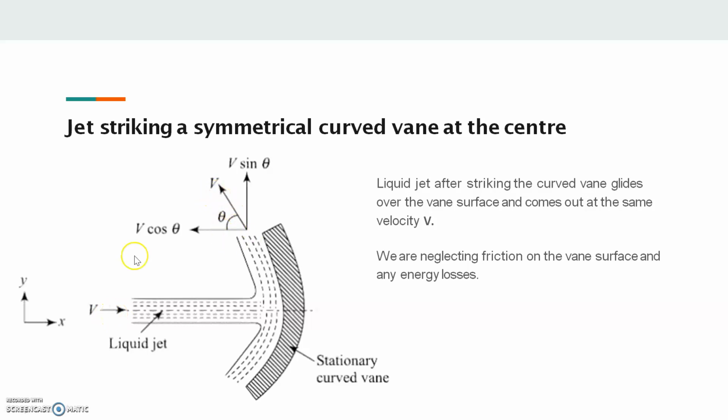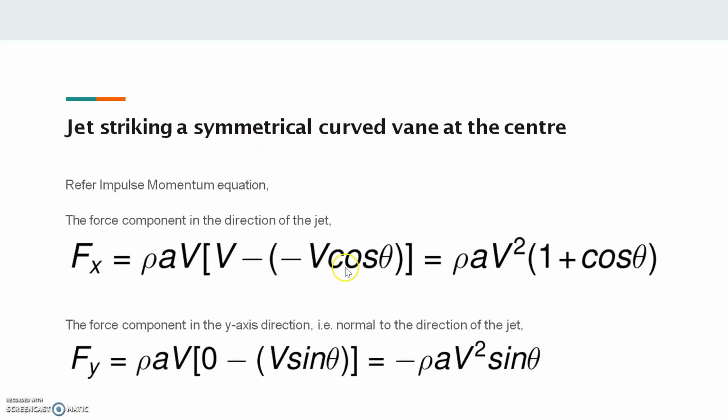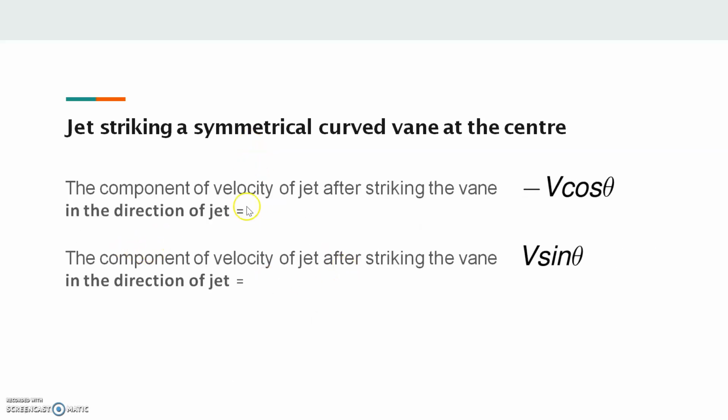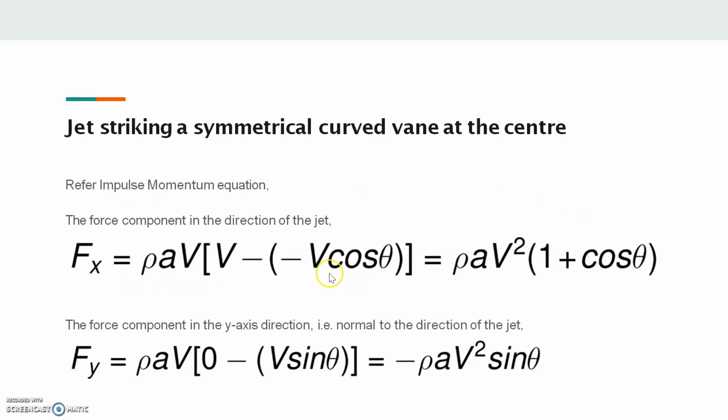And this v, if we are resolving into x direction and y direction, v cos theta will be the velocity in the x direction, v sin theta will be the velocity in the y direction. In the x direction, the velocity is towards the left, so we are giving the negative sign.